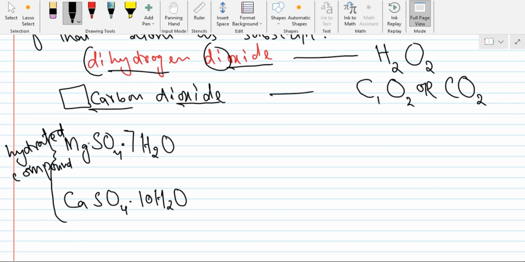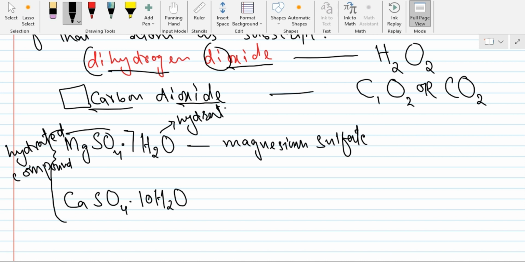How to name them? Just use the name of the ionic compound that is there. In this case it is magnesium sulfate, and then there are 7 waters. Water here is referred to as hydrate, and for the number we use the prefix from the covalent naming, because water is covalent.